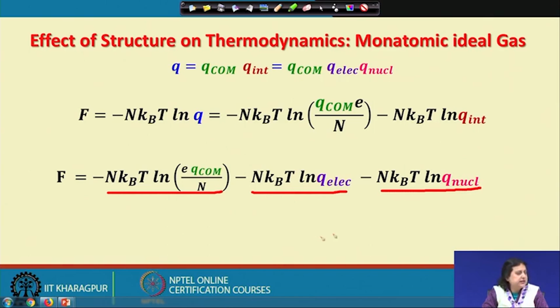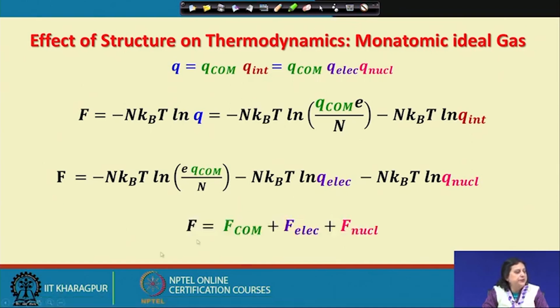In each case I associate one free energy function, and I should be able to write down an equation like this. Here I am relating F, the contribution of the center of mass to the overall Helmholtz free energy, which is nothing but this factor.